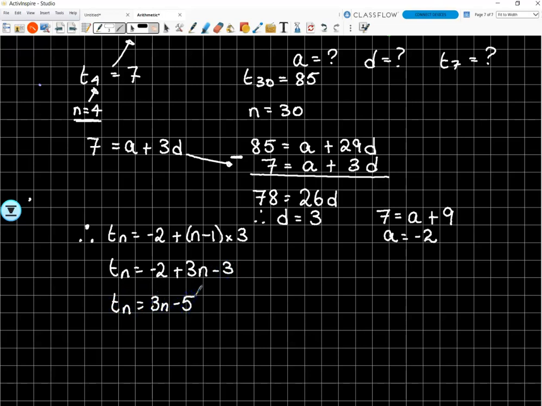All right, make sure that you've read the question and you actually answer it, because it didn't just say find the general term, it also asked you to find the 7th term. So therefore, T7 will be 3 times 7.